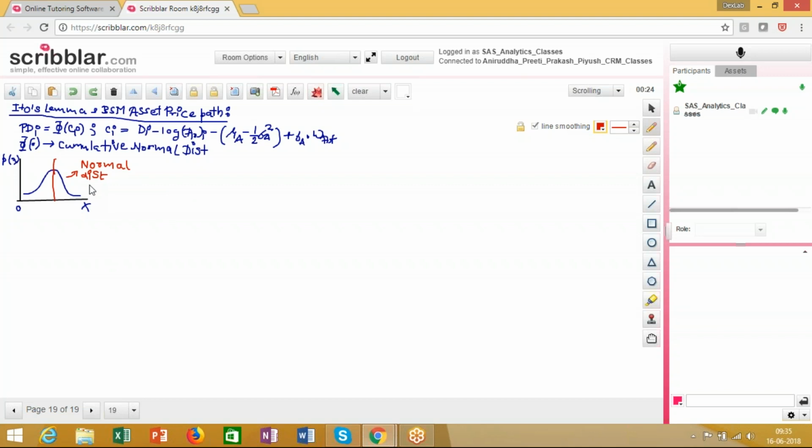So this normal distribution is a symmetric distribution, that is, there are no outliers or skewness involved in the data, and the values are more or less very homogeneous in nature.